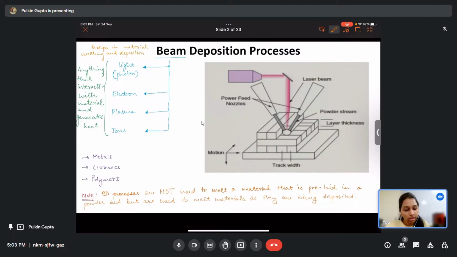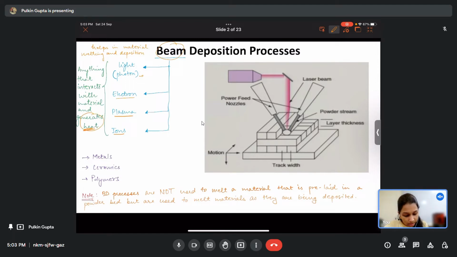Now this beam can be of different types. It can be light, in the form of photons, which are packets of light, or it can be electrons, or plasma, or ions. It can be basically anything that will eventually interact with the material and generate heat.